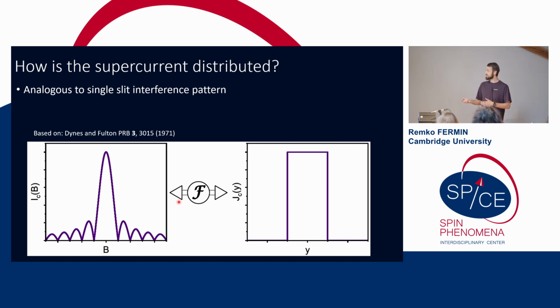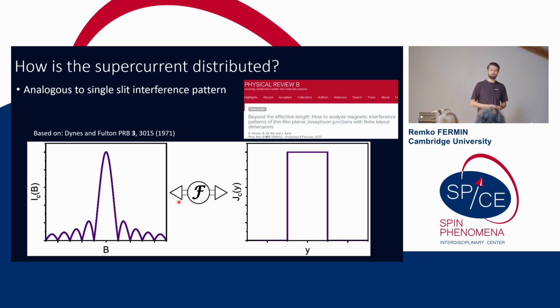And at the other side of the Fourier relation, there's the supercurrent density distribution over the junction. This was already found by Dines and Fulton in the 1970s, but specifically for larger stack junctions. So we modified this method to also include planar junctions that are also laterally constricted.